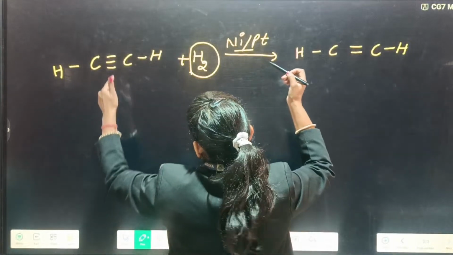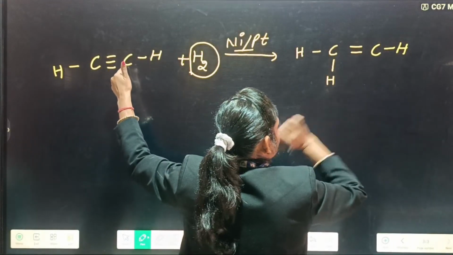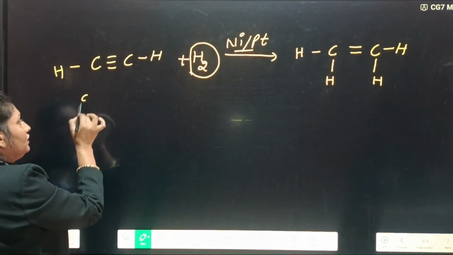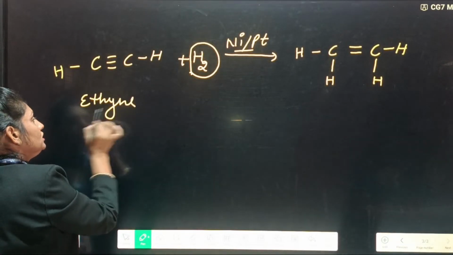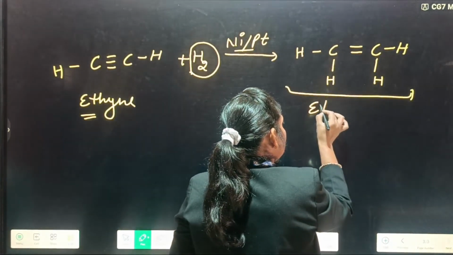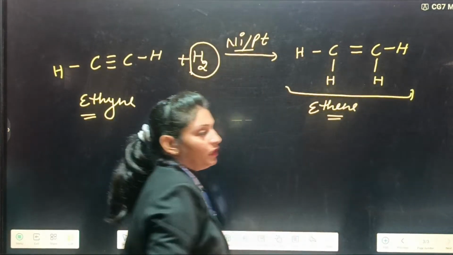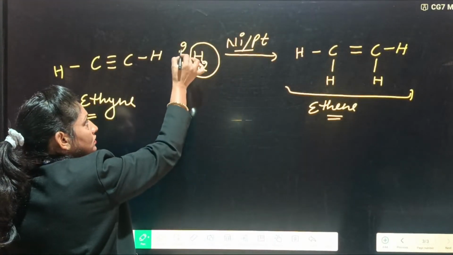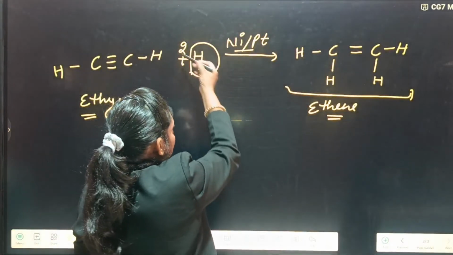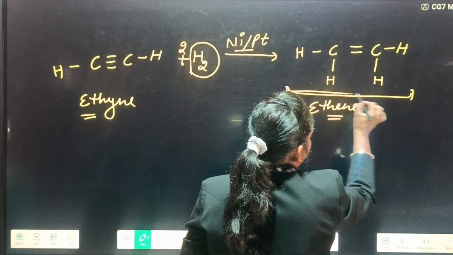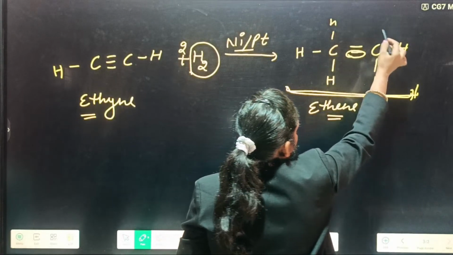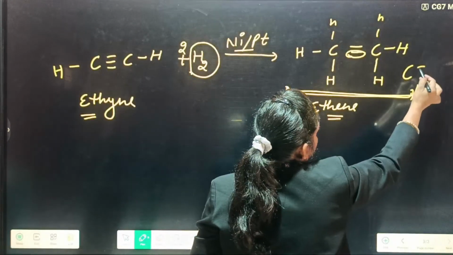So you break one bond, and you give one hydrogen to this one and one hydrogen to this one. First of all, the alkyne with two carbons is ethyne, and ethyne will convert into ethene. But if you have two units, then a further unit of hydrogen can break this bond also, and you get ethane.